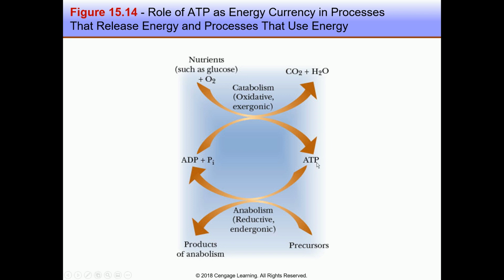This ATP, which is the energy currency, has a lot of energy in it. That energy is used for the anabolic processes, and these anabolic processes are endergonic. They need energy.